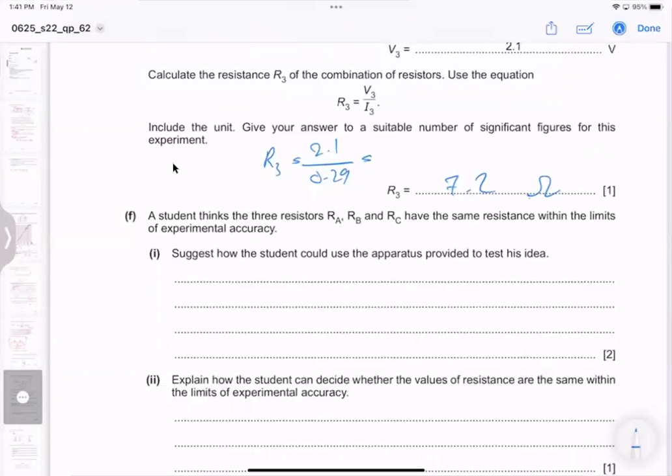Measure the resistance using the voltmeter and ammeter for the resistors and calculate the resistance again. We can use the ammeter and voltmeter and measure each resistor separately in the same circuit, and then compare between their values.